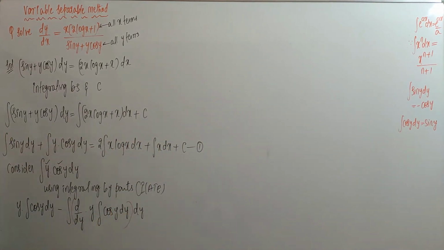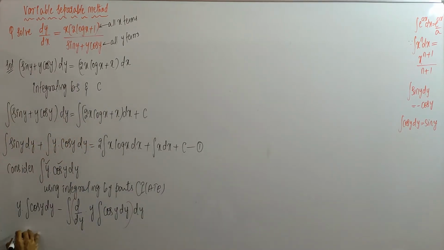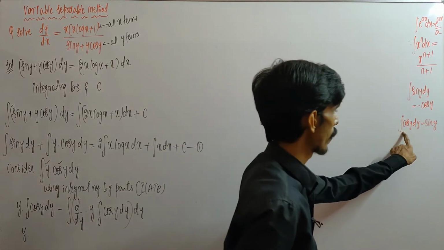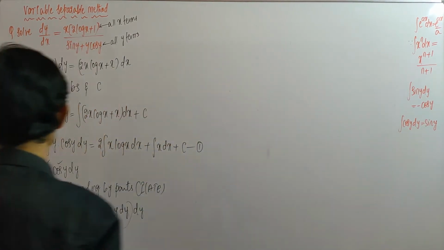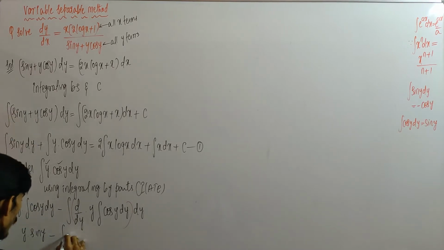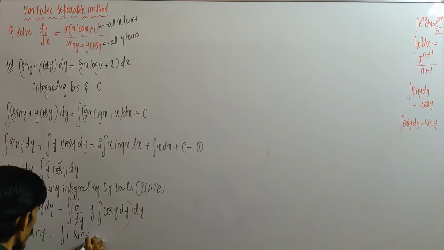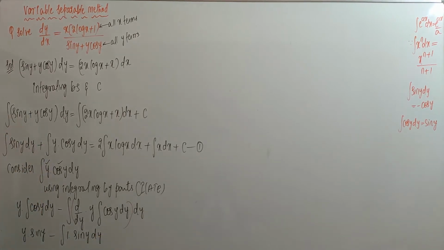Now y into integration of cos y, which is sin y, minus integration of d by dy of y, which is 1, times integration of cos, which is sin, dy.